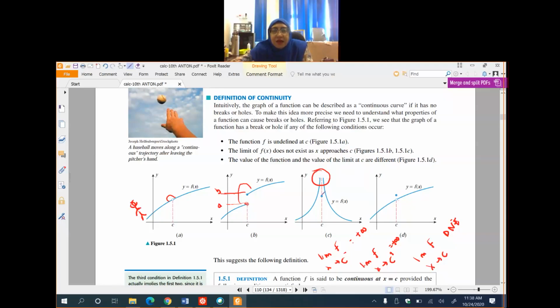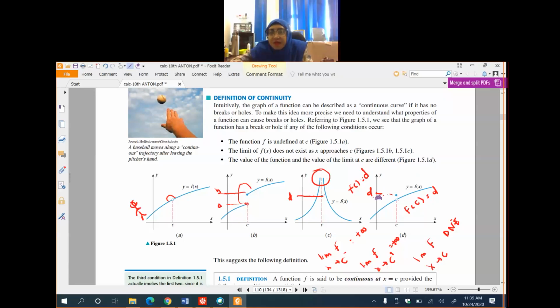But f of c is defined. It's defined over here. Maybe this is equal to d. So f of c is equal to d, which is this full dot. But it is not equal to the limit.